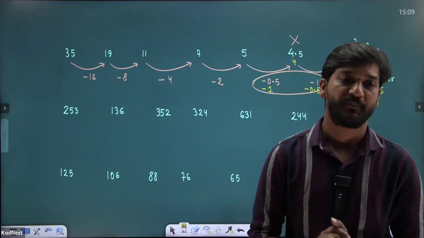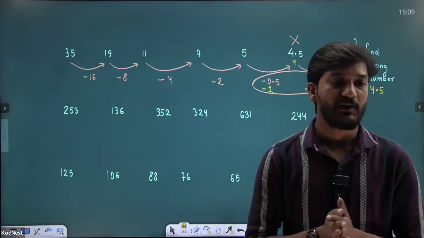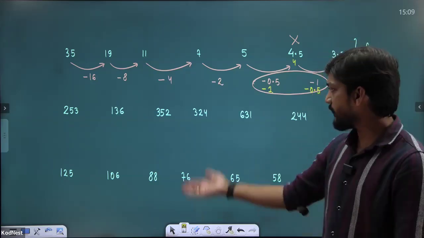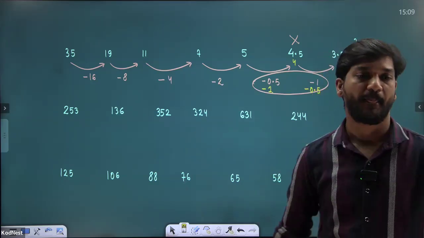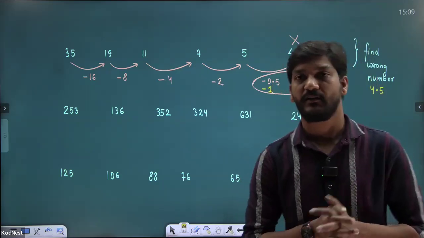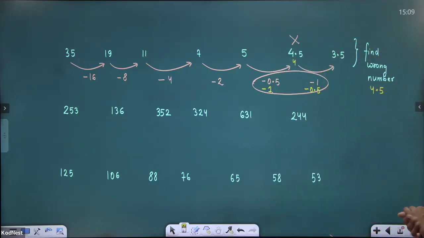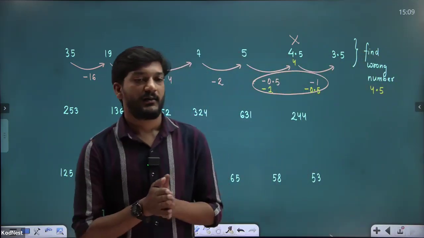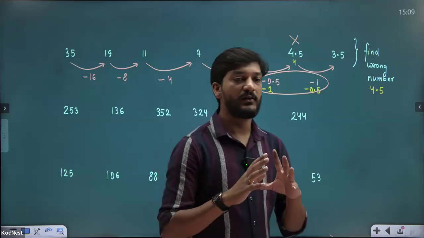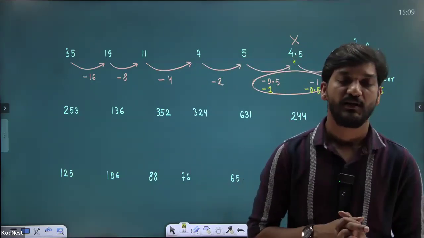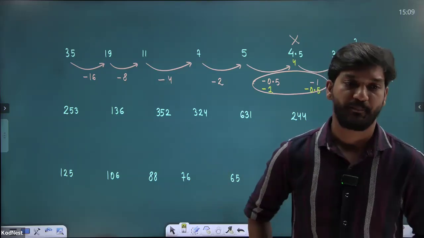So what else can we think? Pair. Sum of digits. Okay, sum of digits, please check. Sum of digits. Do you observe something? Check the sum of digits. Is it working out? Think something which is not mathematical operation, plus, minus, multiply, divide, square, cubes. Nothing will work.